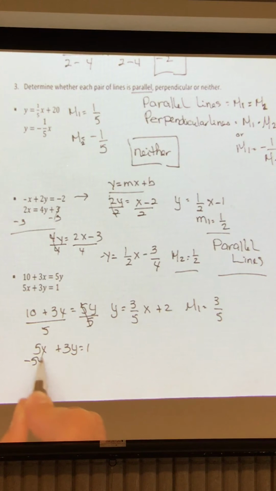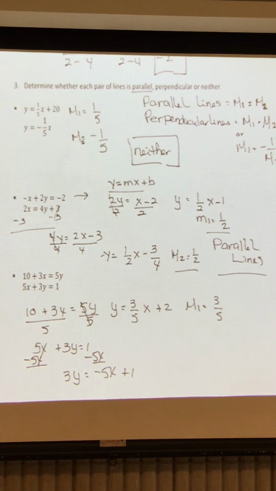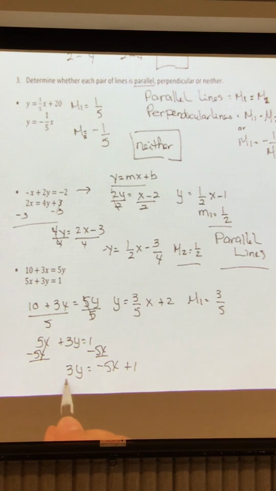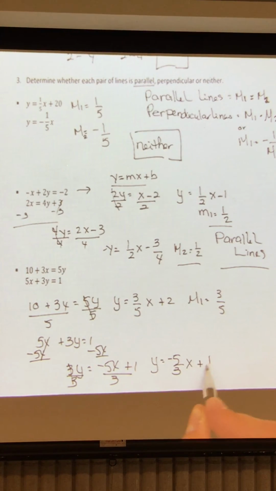Let's subtract 5x from both sides. We have 3y is equal to -5x plus 1, divided by 3. So the equation of this line is y is equal to -5/3x plus 1/3. The slope of the second line is equal to -5/3.